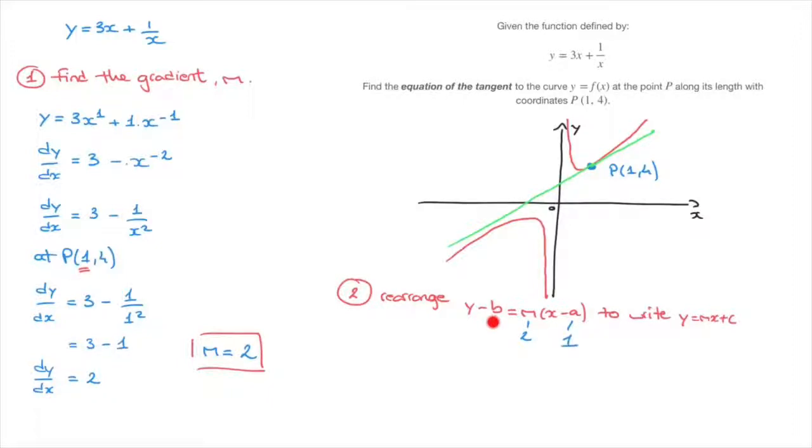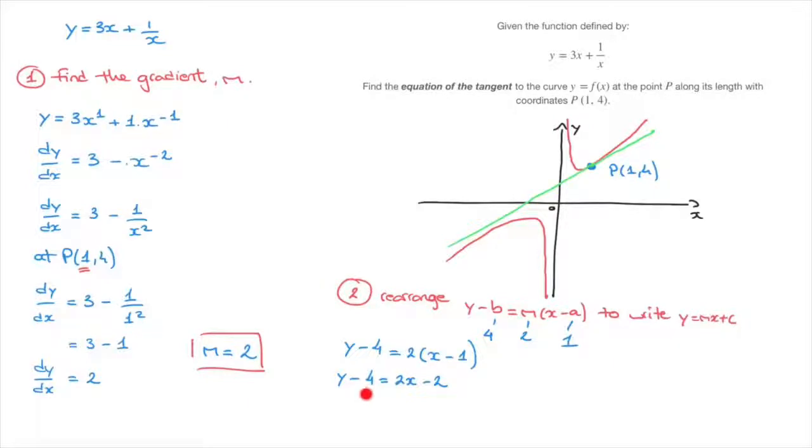And b is the y-coordinate of the point, so that would be 4. So we need to rearrange y minus 4 equals 2 times x minus 1. That's y minus 4, which equals 2x minus 2.